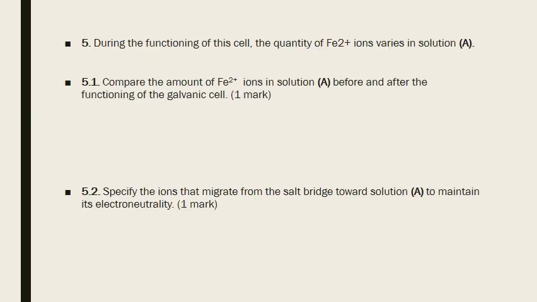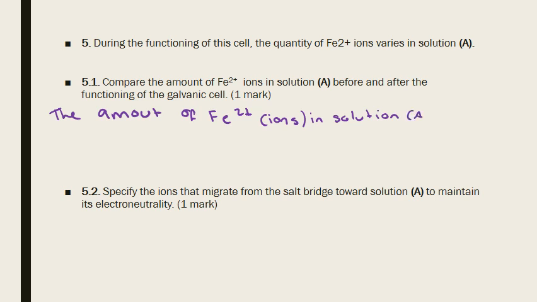Here it says, during the functioning of the cell, the quantity of Fe2+ ions varies in solution A. Compare the amount of Fe2+ ions in solution A before and after the function of the galvanic cell. So the amount of Fe2+ ions in solution A is greater, because remember the iron strip is losing electrons.